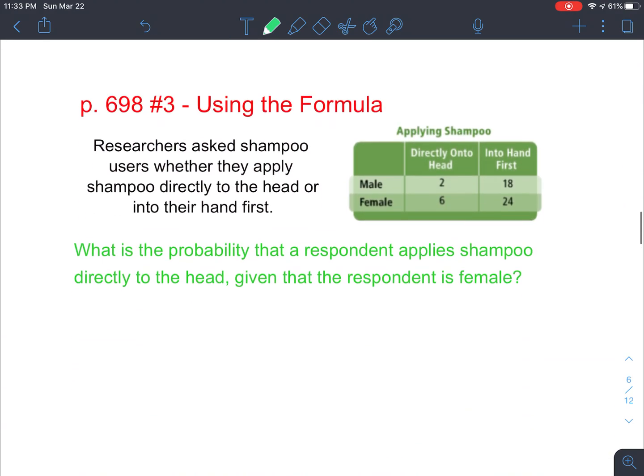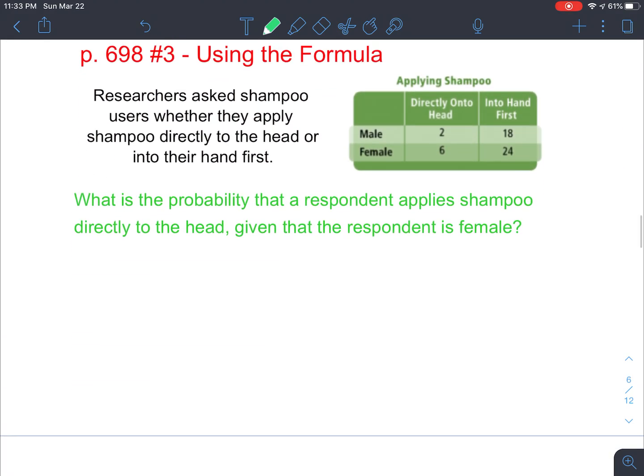So let's see how that looks from a two-way frequency table. We have this two-way frequency table from page 698, number 3. It's talking about researchers who asked shampoo users whether they apply shampoo directly to the head or into their hands first.